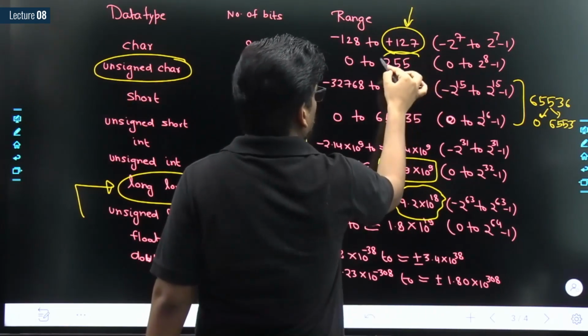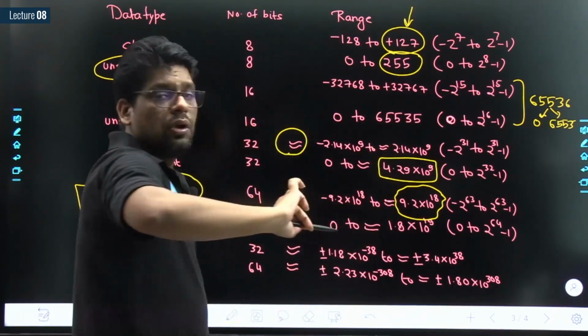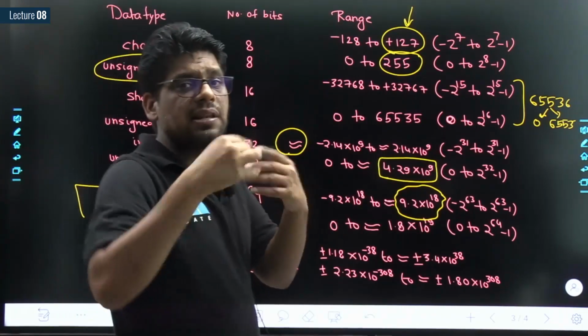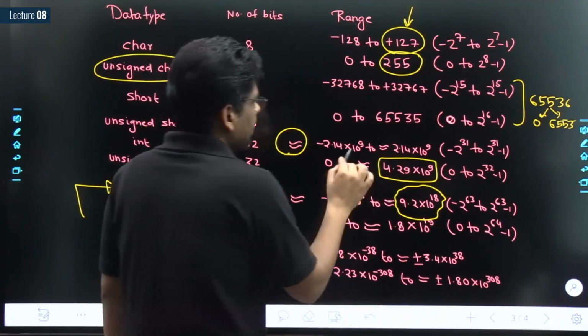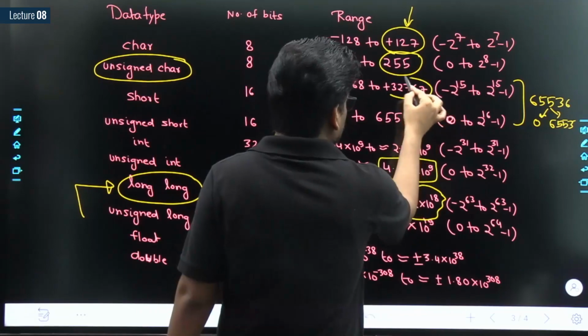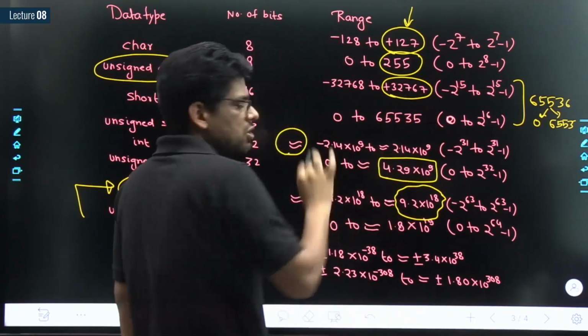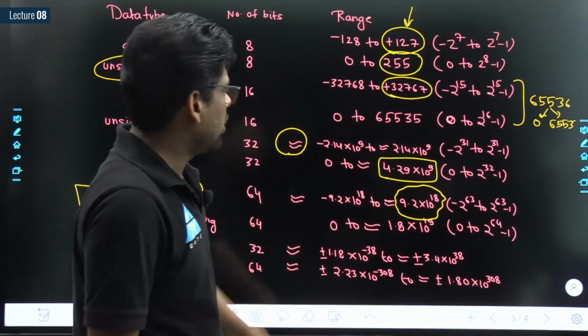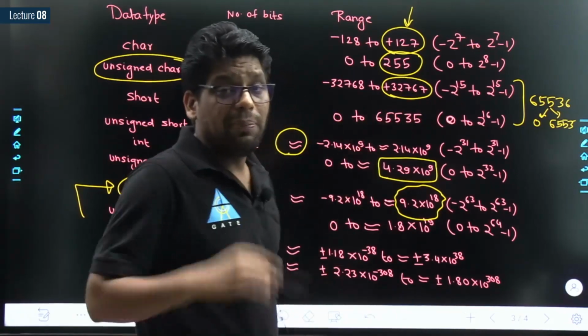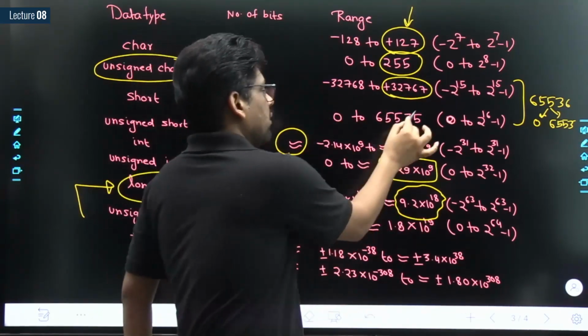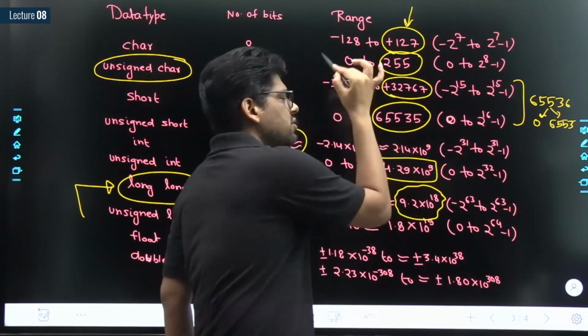But now we are able to store double, that means twice larger value. For example, again, in signed, what is the maximum possible positive value? Plus 32767. But when we make it unsigned, sir, almost twice the value.